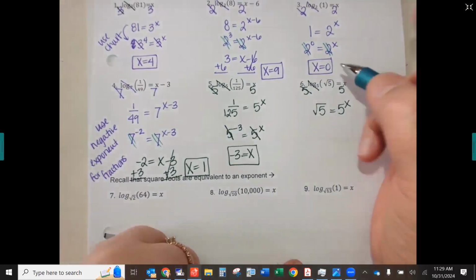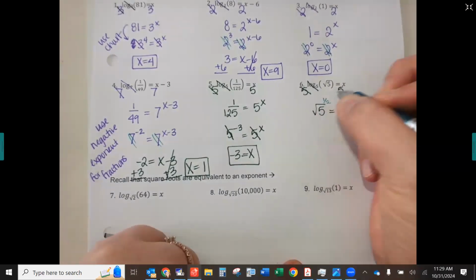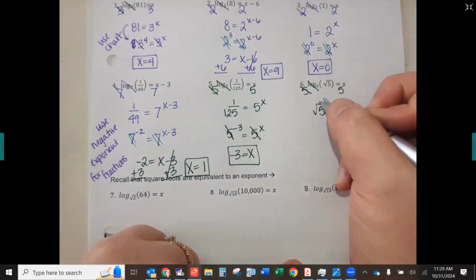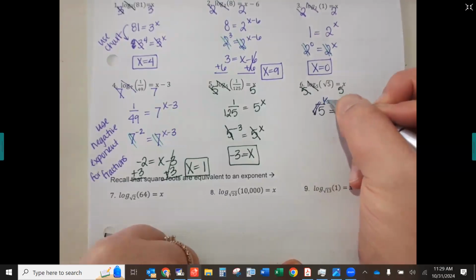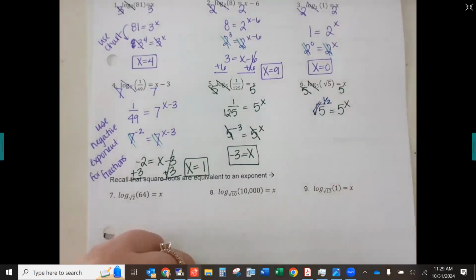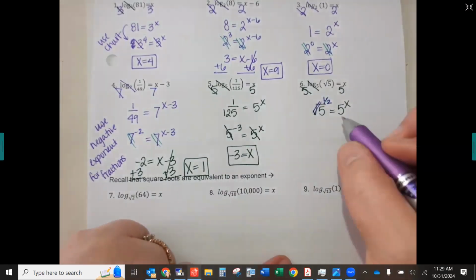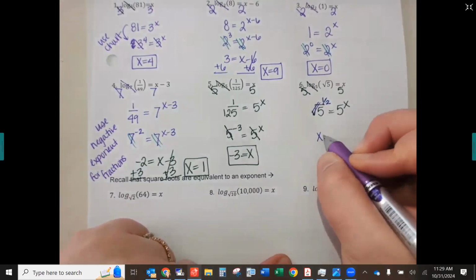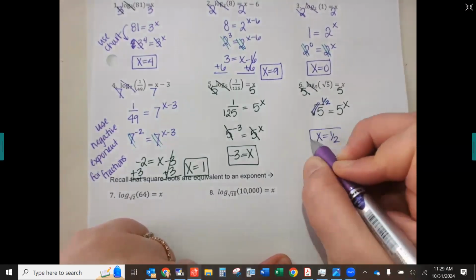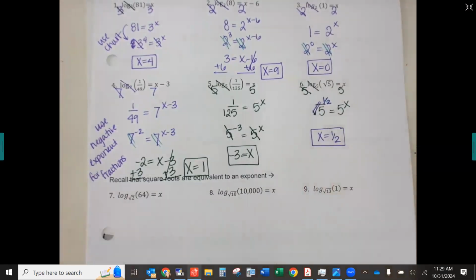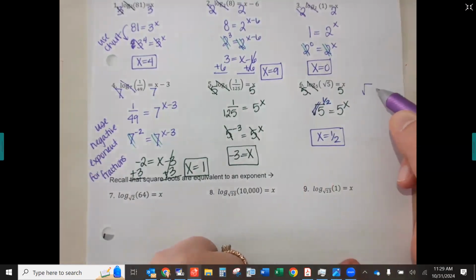So remember, it's 1/2 if it's a square root. So I'm going to rewrite my square root as a 1/2 power, just like we did for logs, so that now I can cross those 5's out, and what does my x have to equal? 1/2, very good. Okay, we're going to practice that a few more times, but if you want to put a little note here: a square root equals a 1/2 power.